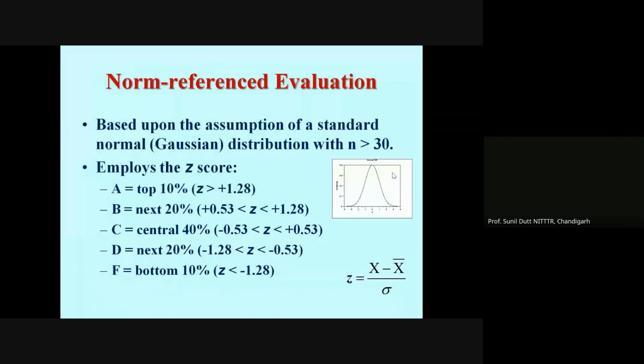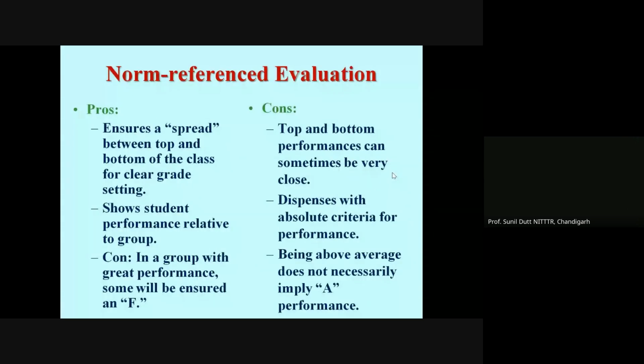So you can go for this normal probability curve, where you will give an A grade to the top 10% students, where Z is more than plus 1.28, B next 20%, C next 40%, D next 20%, and F is the bottom 10%. Now again, there are pros and cons.